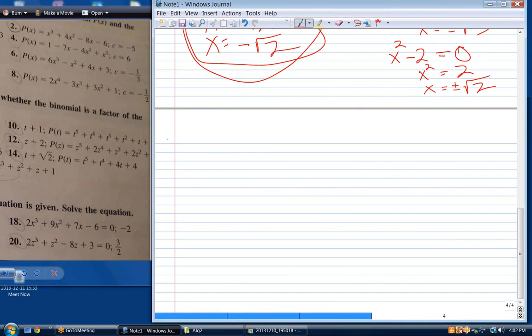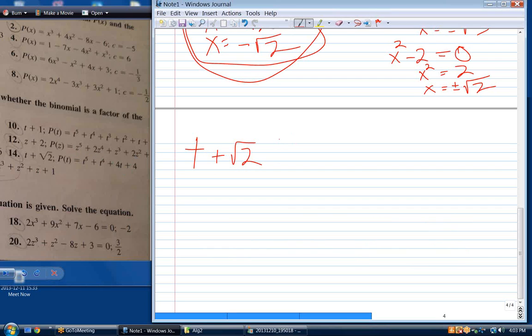So the question is, does t plus root 2, a linear factor, no different than t minus 2 or t plus 3, it's just t plus an irrational number. So is that a factor of this?